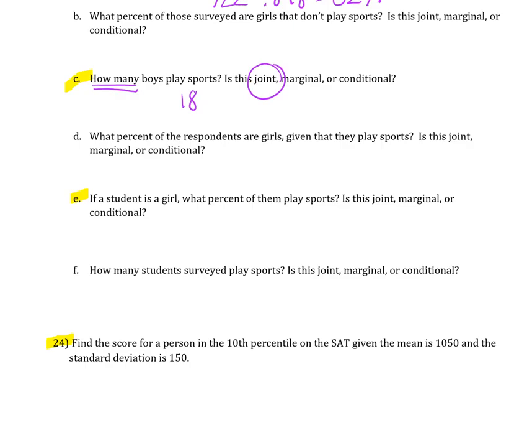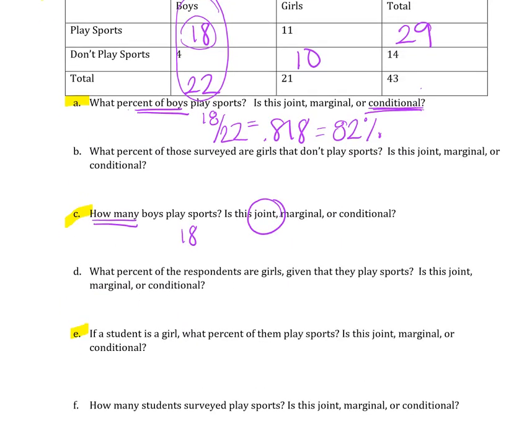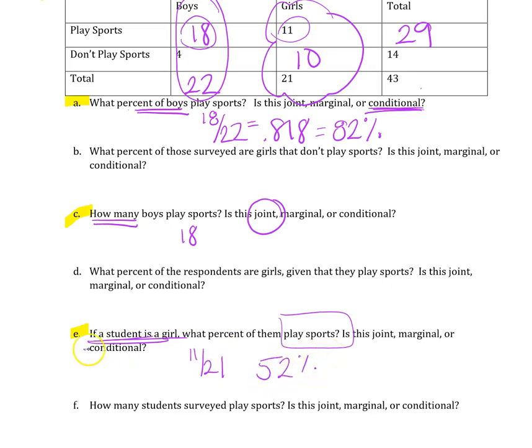Okay, and then last thing, if the student is a girl, that sounds like a conditional, so I'm only looking here. What percent of them play sports? That's 11 out of 21, an equivalent 52% approximately, and that's also going to be conditional.